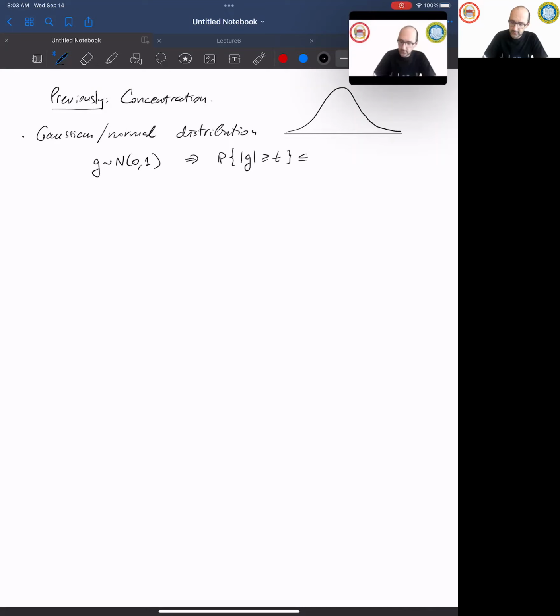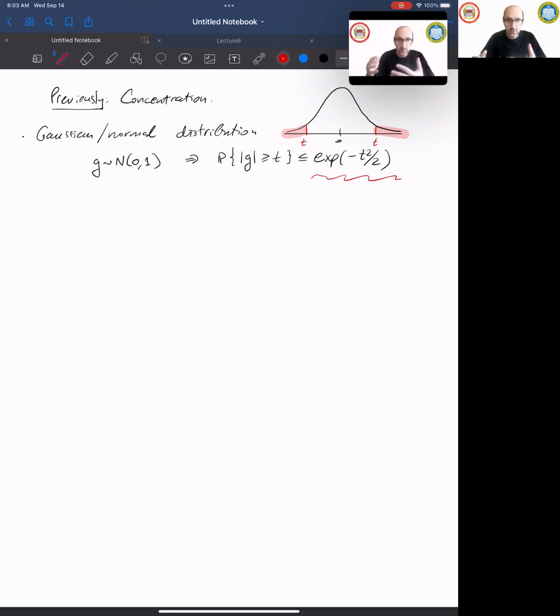And we proved something like this, e to the minus t squared over 2. So this is the mean, and we're asking what's the probability that the Gaussian random variable deviates too much from 0, by at least t. And that probability is small. It's not just small.